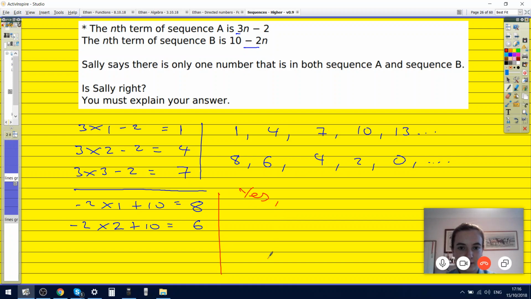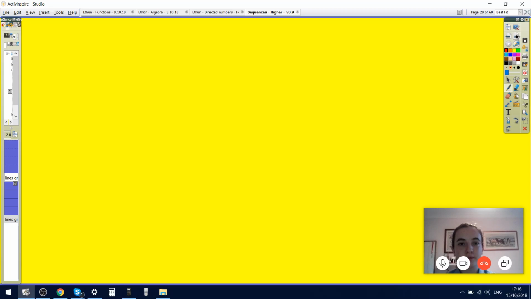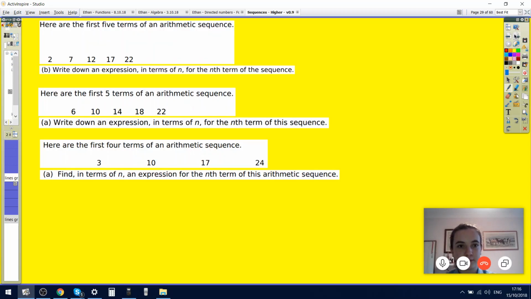Which number? 4. Yeah, that's it. Any questions there? Nope. Okay, so no quick way to do that. Yeah, they did the same way. Okay, so you have to find the nth term for each of these. So try this. I'll just be 1 second, sorry.